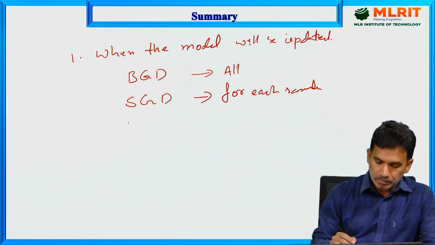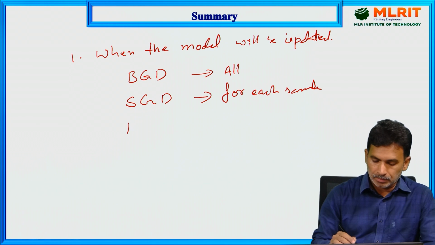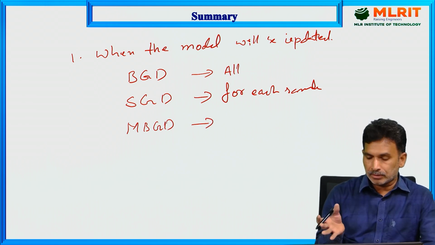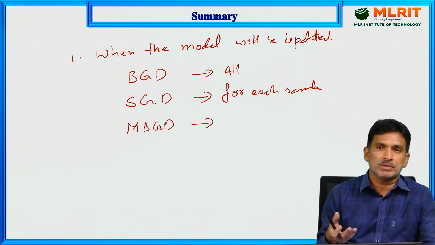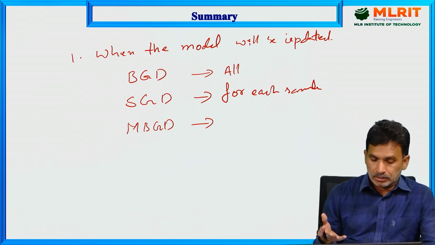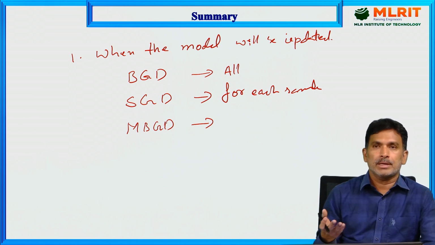The next one is mini batch gradient descent, where a random set of samples as a batch is selected and evaluated, and then the parameters, or the model, are updated.